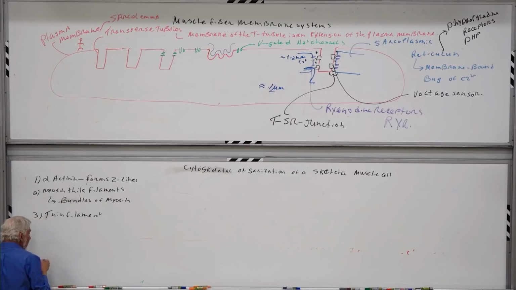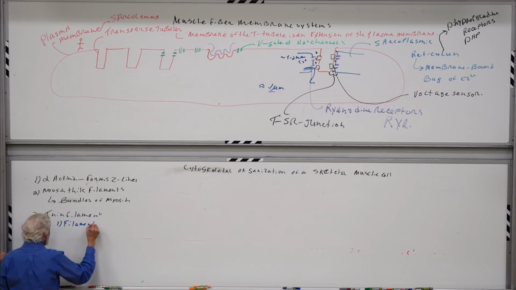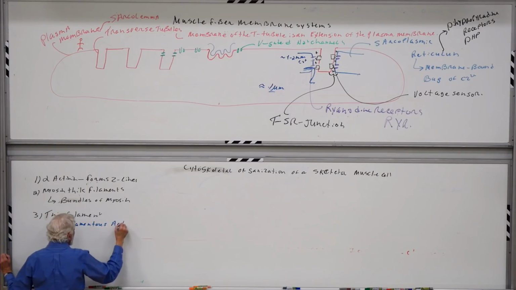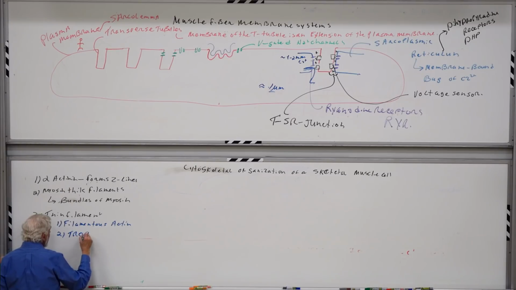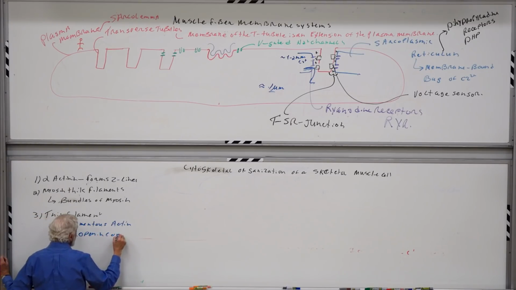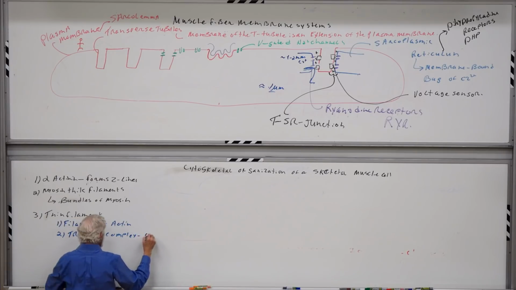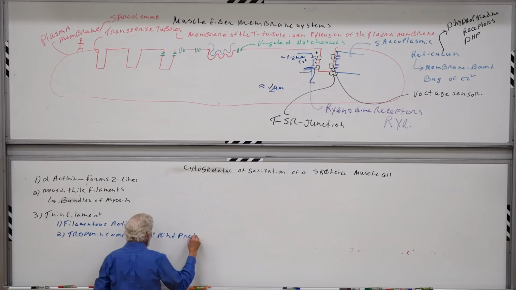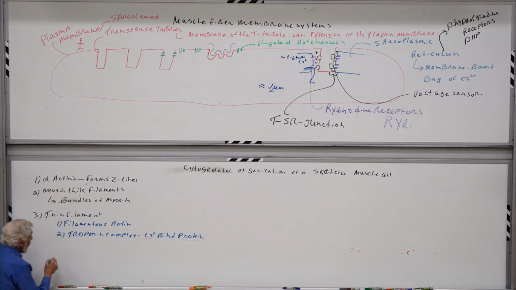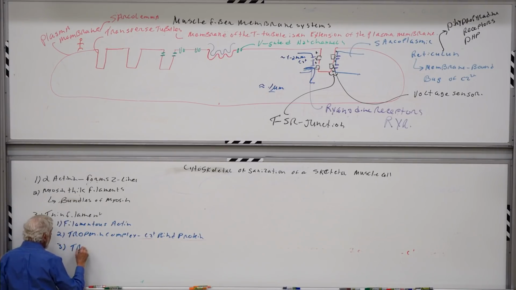And the thin filament is composed of filamentous actin, troponin C, or troponin complex, which is the calcium binding protein, and third is a molecule called tropomyosin.